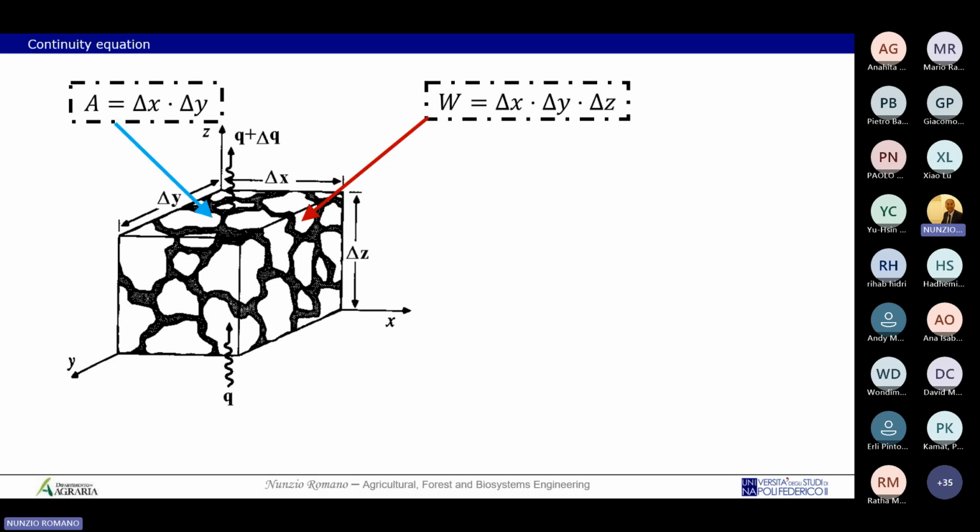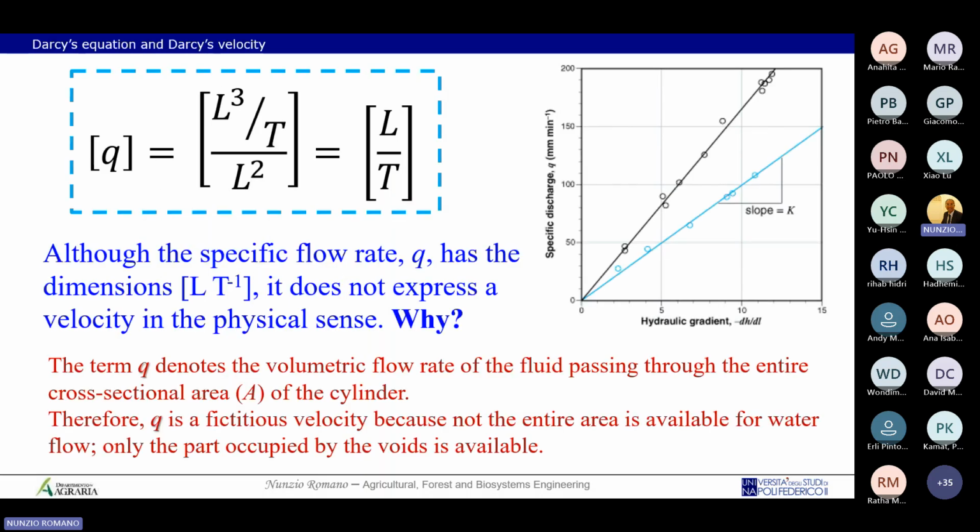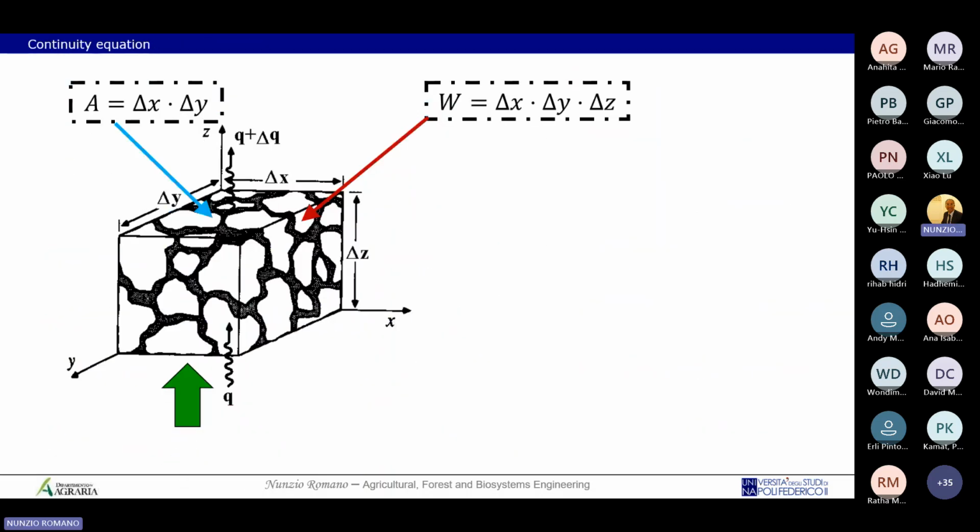So what we have here, let's make this very easy only in the vertical direction, but we can say the similar thing in the other two directions, the x direction and the epsilon direction, and we have a flow moving from below upward, and then this water enters in this control volume, and then there is water that exits.